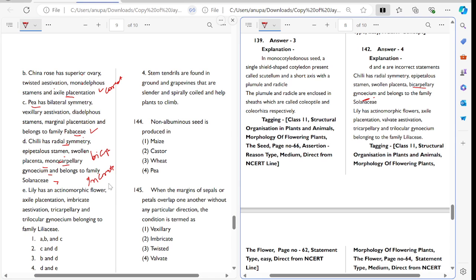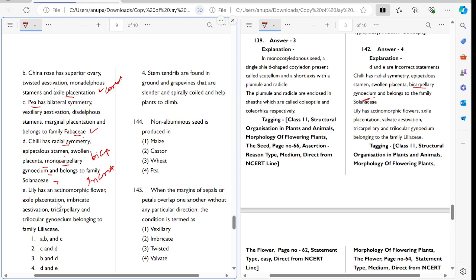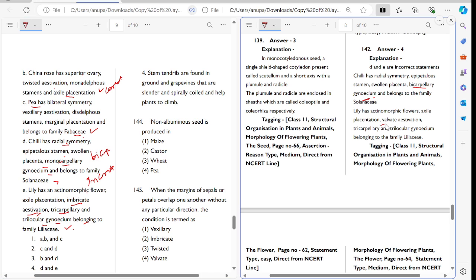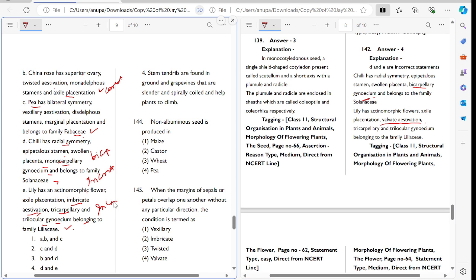So this statement is incorrect. Now let's move to E. Lily has actinomorphic flower, axile placentation, imbricate aestivation, tricarpellary and trilocular gynoecium, belonging to family Liliaceae. All are correct, but this imbricate type of aestivation is wrong because in lily we have valvate type of aestivation. So this statement is also incorrect.